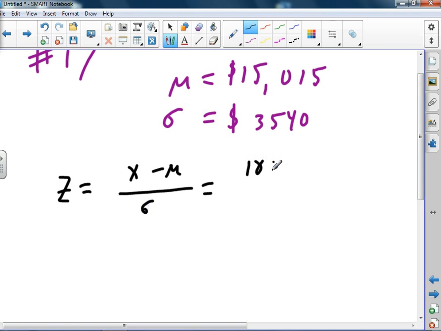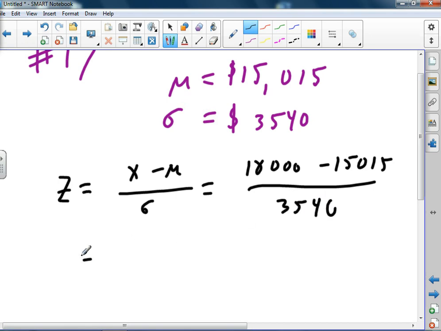So 18,000 minus 15,015 divided by 3540, and now I've got a Z number. 18,000 minus 15,015 divided by 3540 equals 0.843.